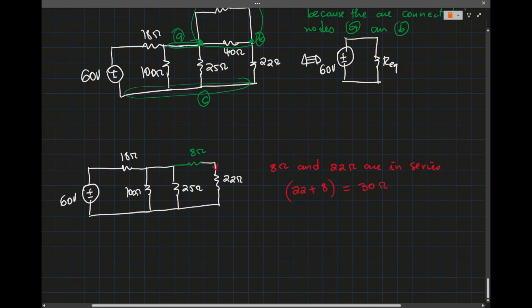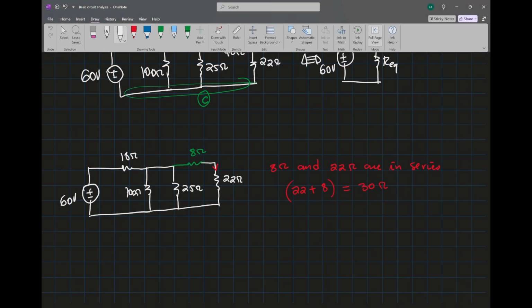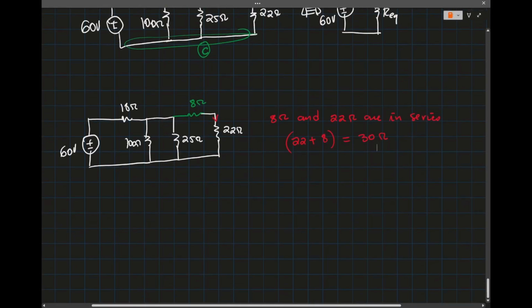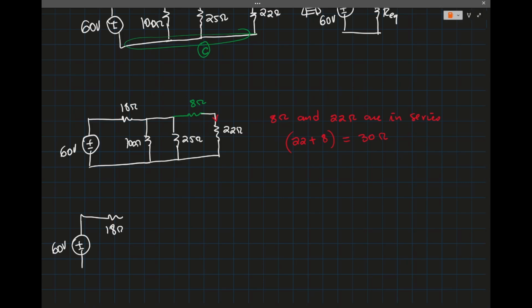If I redraw my network, I will have the 60 volt source, still the 18 ohms here, the 100 ohms here, the 25 ohms there, and then the 30 ohms.